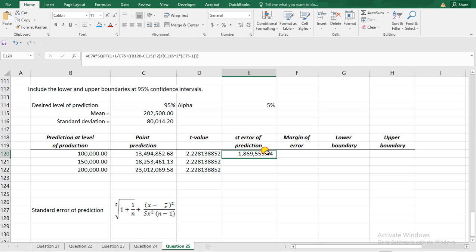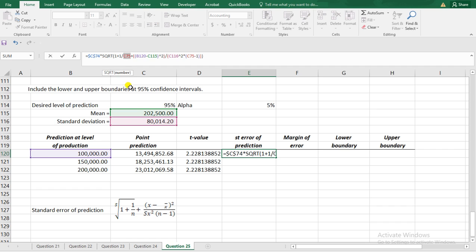Voila, my standard error. Instead of copying this formula all through, I'm going to lock the common values, which include my standard error, which is common, so I'll lock it. My number of data values is common, that will not change, so I'm going to lock it. Our x bar, which is the mean, is going to be common, so I'm going to lock it.